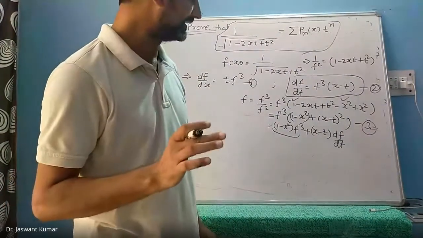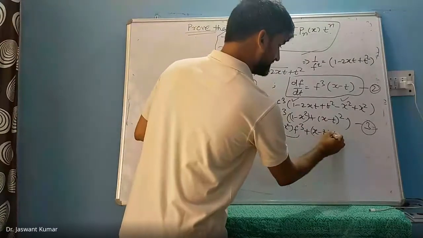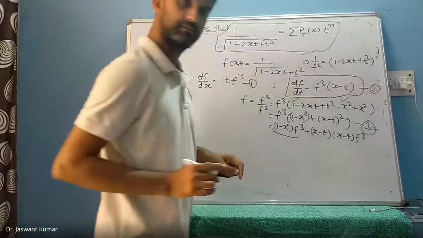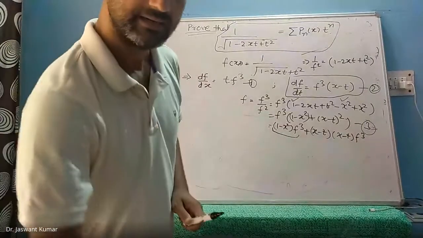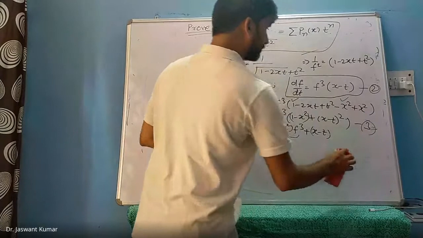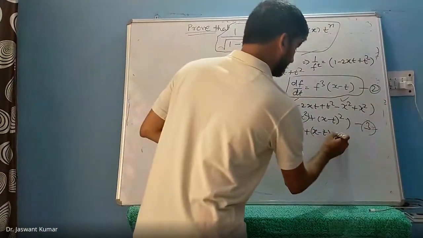Are you all okay with this? The next step was that this is x minus t into x minus t into f cube, right? And then looking back at equation number 2, x minus t times f cube is nothing but df by dt.